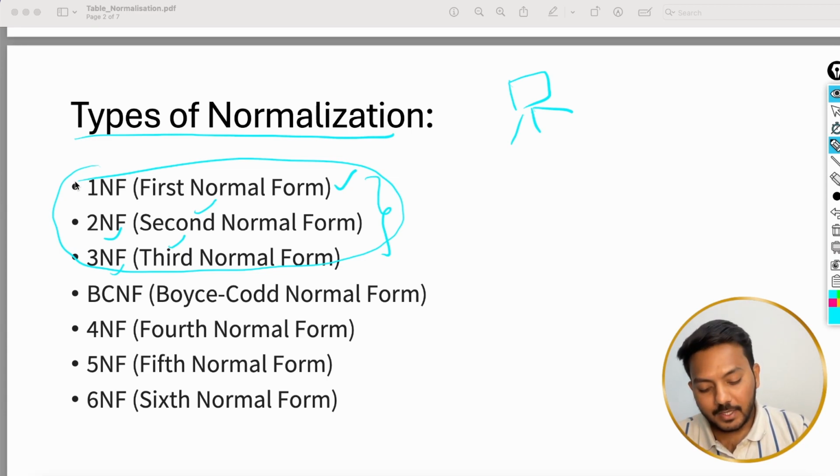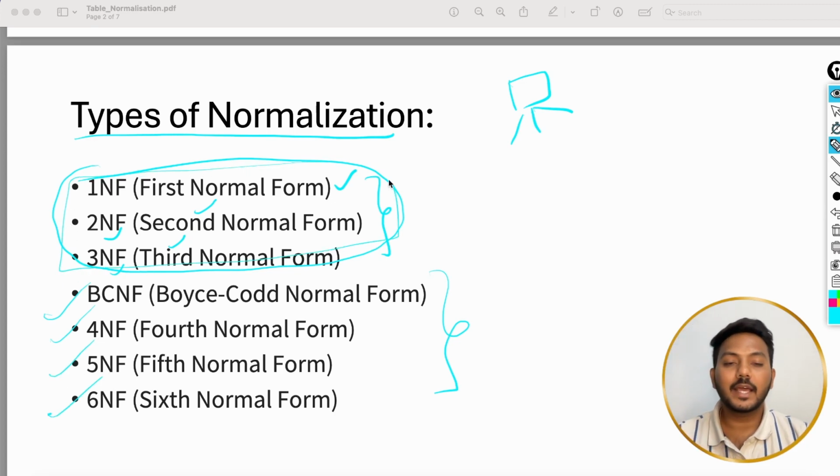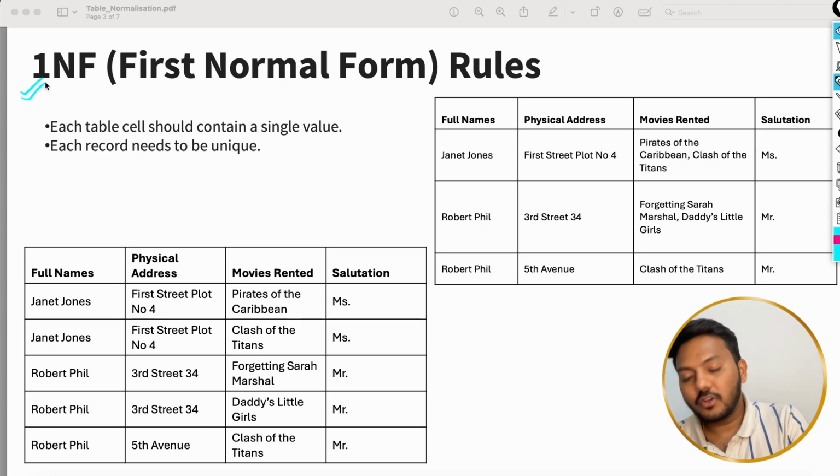But even after that, if you feel there is some data duplication or redundancy, you will consider the other normal forms: BCNF, 4NF, 5NF, and 6NF. I will mostly be talking about 1NF, 2NF, and 3NF in this video, and that is good enough for the majority of cases. Now let's talk about the first normal form.